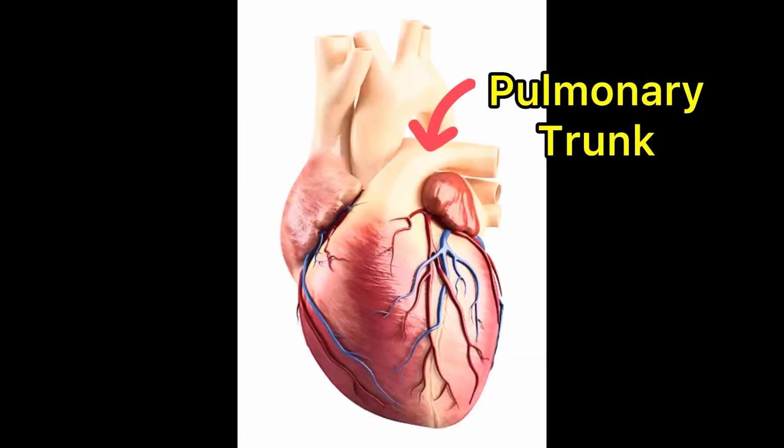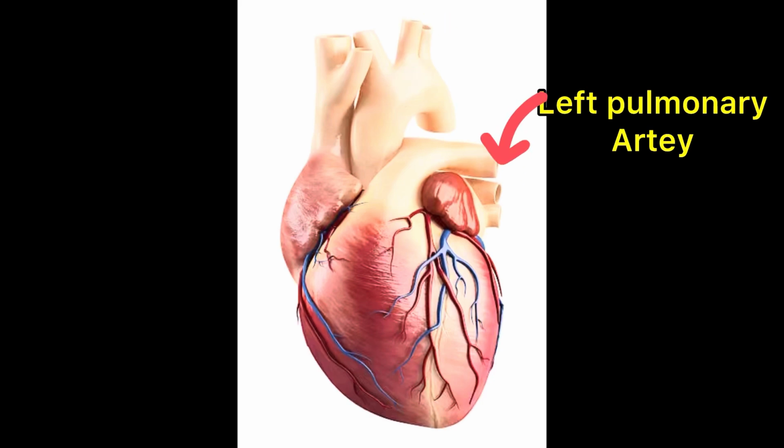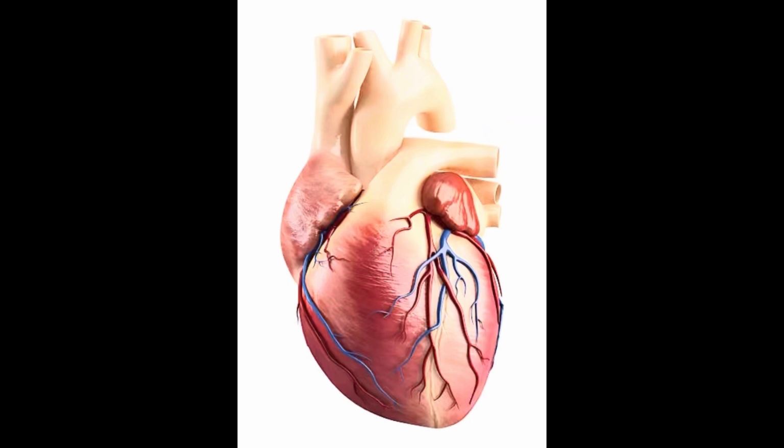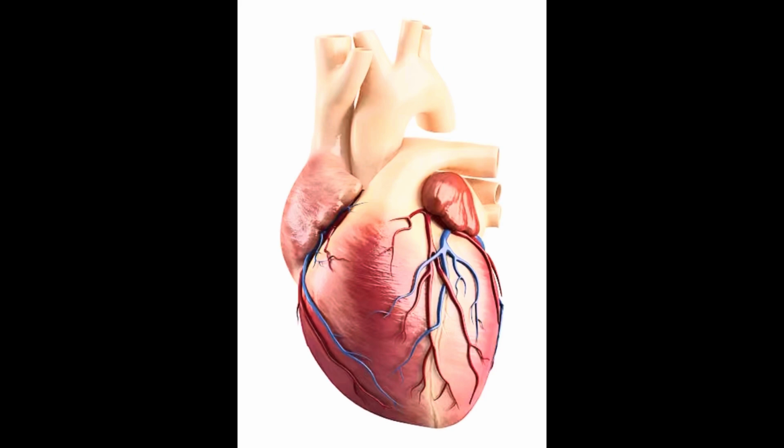Pulmonary trunk arising from the right ventricle and aorta from the left ventricle are present on the anterior surface of heart. Pulmonary trunk bifurcates into right and left pulmonary arteries. Observe in diagram.